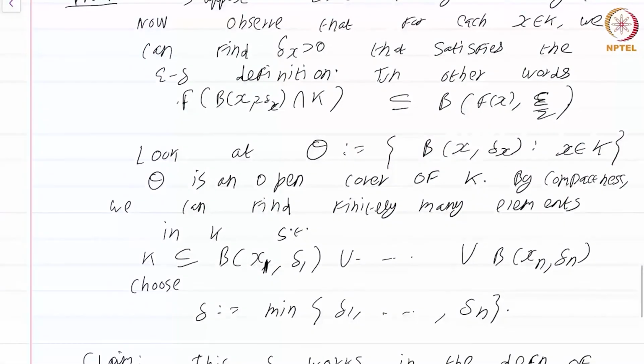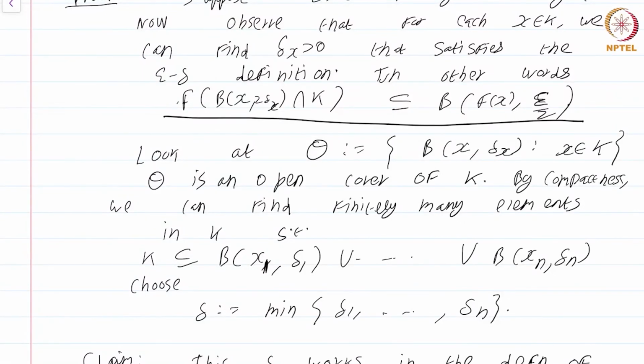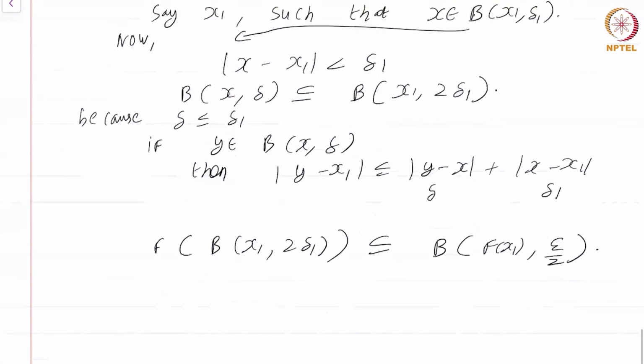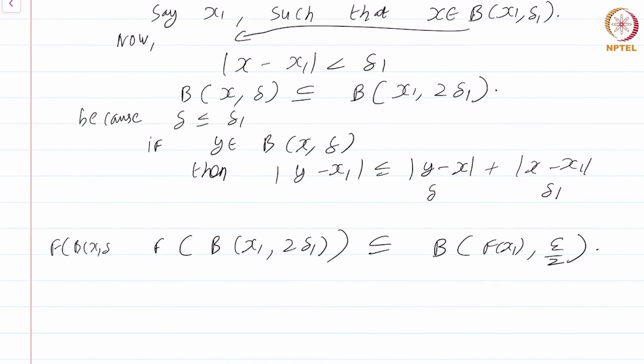Well, you can see that here. We had chosen, with these additional constants that I added on later, a factor of 2 on the left and a divide by 2 on the right, precisely for this reason. Okay. You will get f of B(x1, 2 delta 1) is contained in B(f(x1), epsilon by 2). In fact, you will get f of B(x, delta) is contained in this.